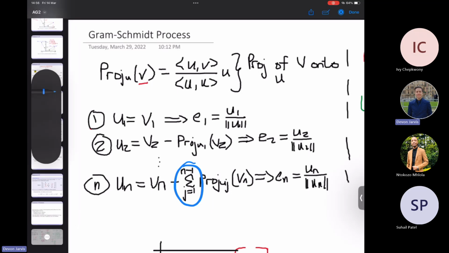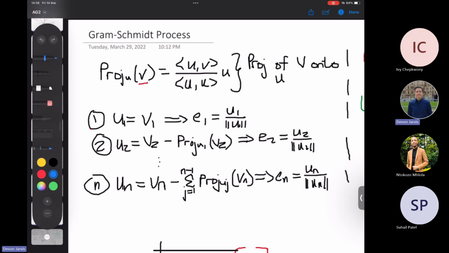This is not generally true, okay? And this is why it is very, very important that we're projecting onto the UJs, all right? And nothing else, because we know that the U's themselves are orthogonal. And so when we project onto that orthogonal basis, we know that we can then just subtract the summation of that. Okay, they're not going to interfere. That's a decoupled projection. That's a decoupled system now.